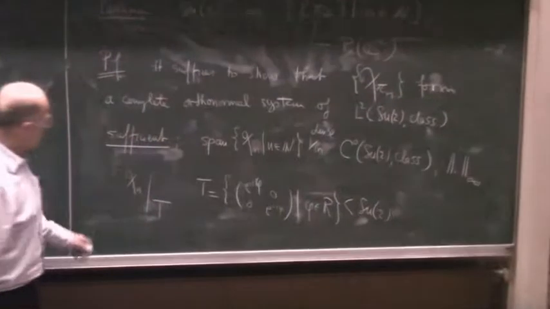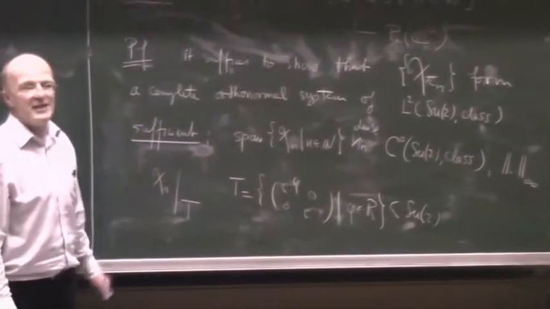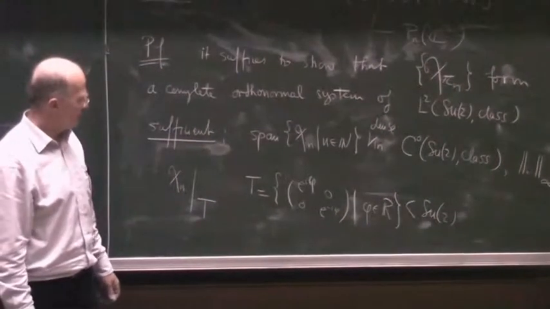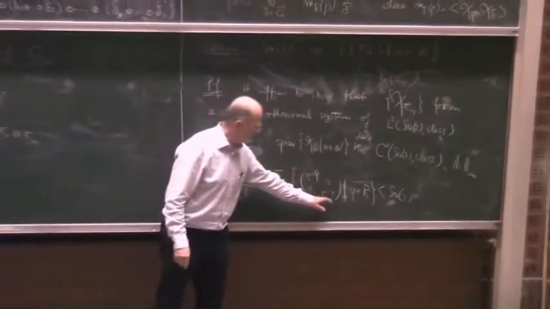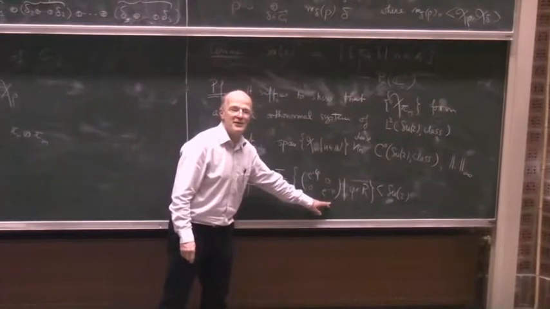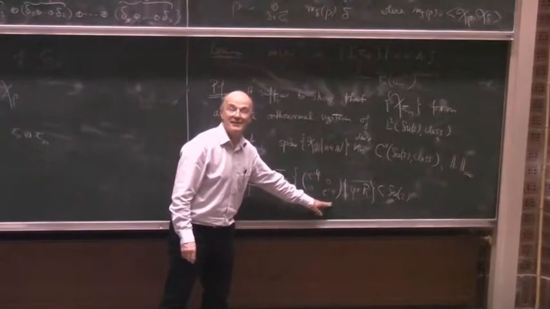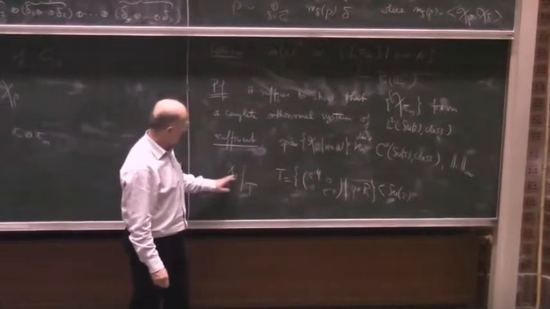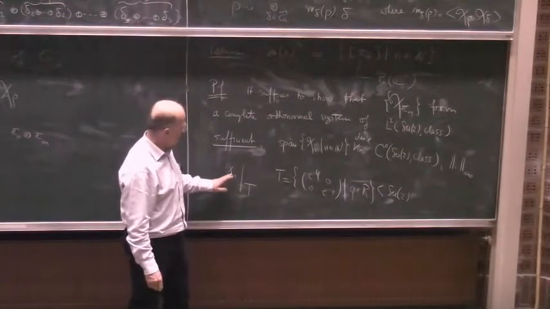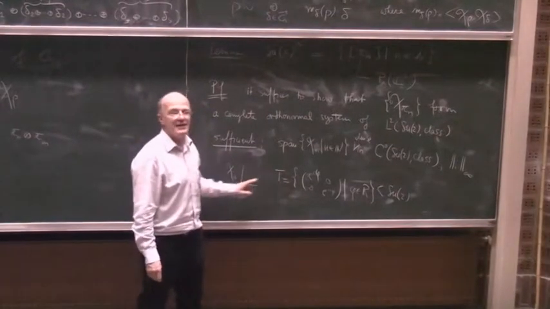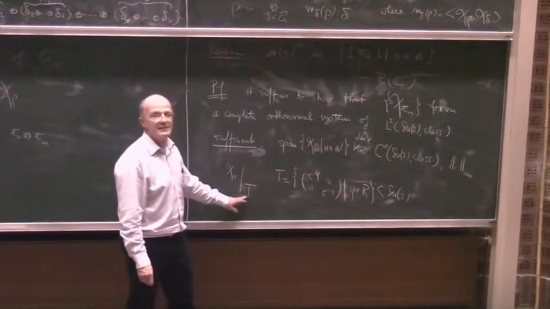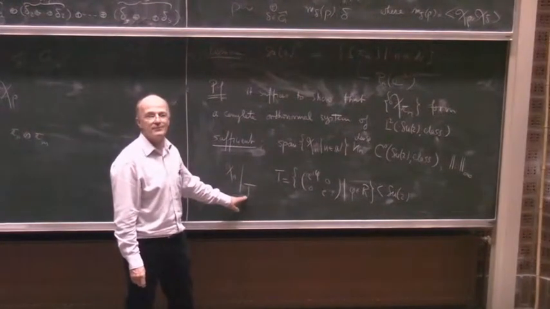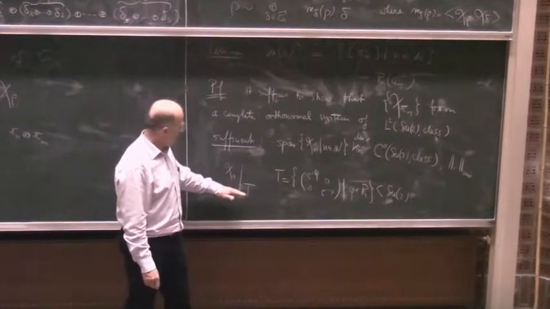The reason is that the characters are conjugation invariant functions, and every element of SU2 is conjugate to a diagonal element of SU2. This is standard linear algebra. So that means that characters are completely determined by their restriction to this torus, and it is quite easy to calculate these restrictions.